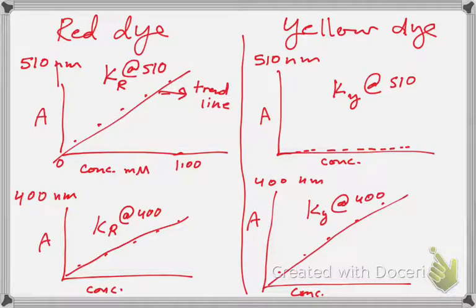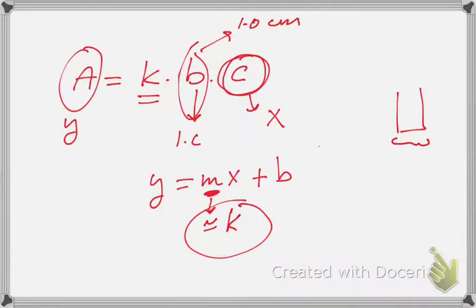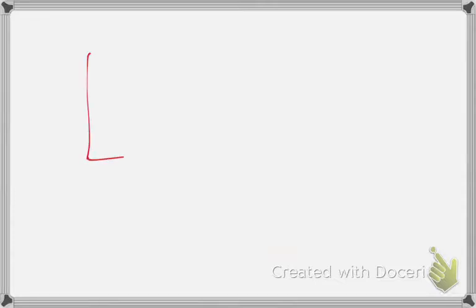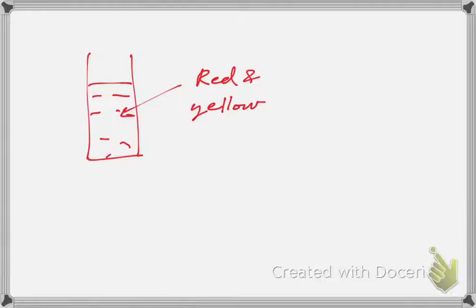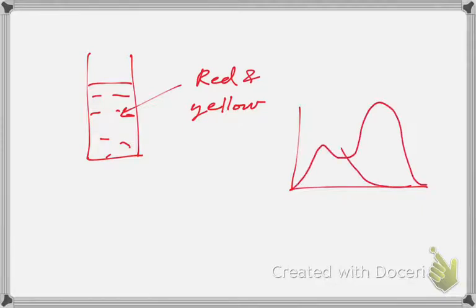So now I have created all my standard curves, and I am ready to solve my unknown. My unknown, as a reminder, is a mixture of red and yellow. If you go back to the first part of this experiment, you will remember that it looked something like that.